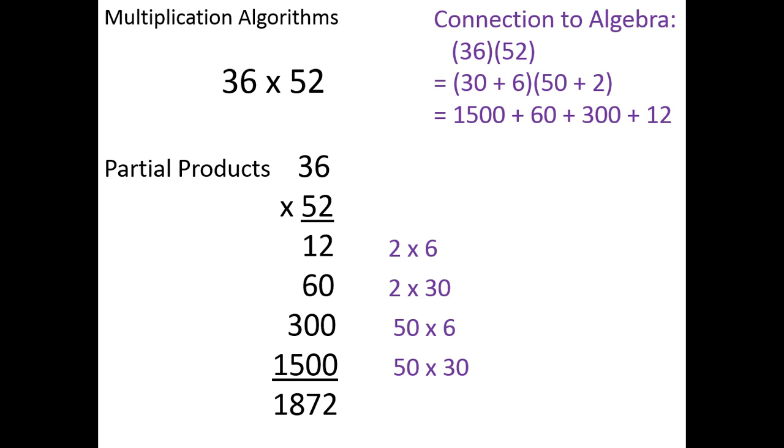And you remember from algebra that if you multiplied the first terms, the outer terms, the inner terms, and the last terms, you could multiply those two binomials. This really is an extension of the distributive property. And once you add together all of those sums, you get the 1,872 that we got with our partial product method. It's exactly the same thing.